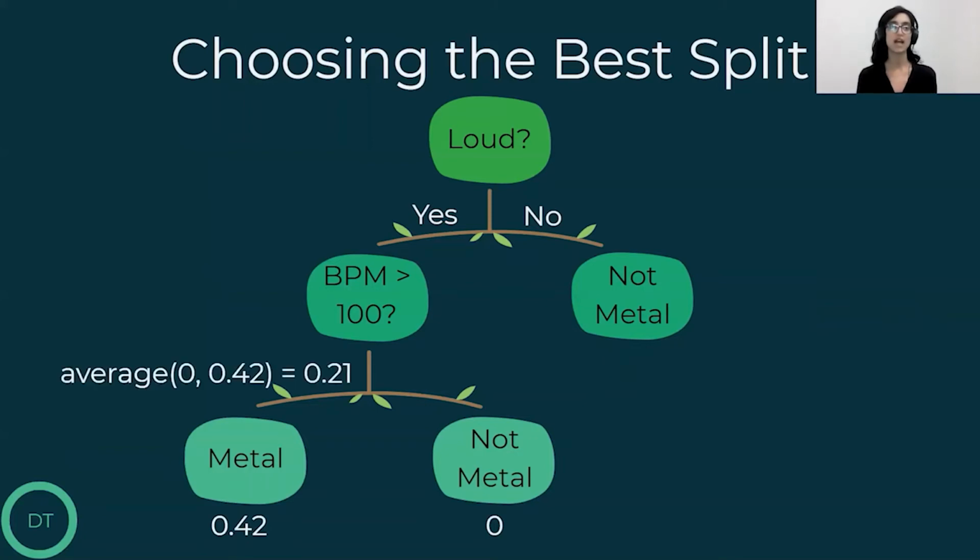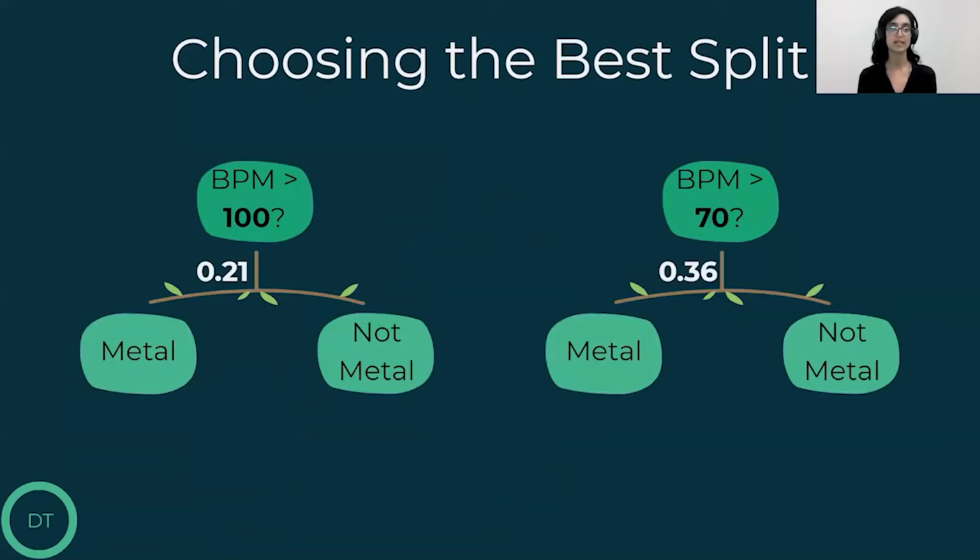So if the leaves under the BPM split consist of the same number of songs, the Gini impurity for using the feature BPM and the threshold 100 is 0.21. And if we calculate the Gini impurity for a split with the same feature BPM but a different threshold 70, we'll see that the leaves will be less pure and the Gini impurity of that split will be higher. So we should choose the threshold 100 over the threshold 70.